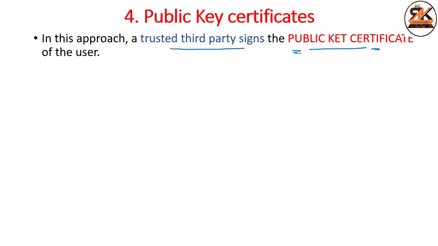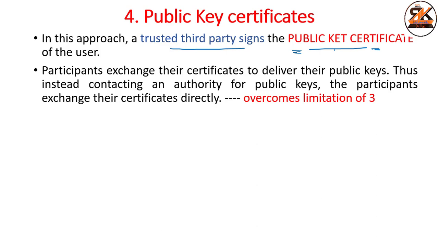And what are these certificates? These certificates contain the public key of the user, the identifiers of the user, and the signature of the trusted third party. And this trusted third party can be a government agency or a financial institution that is trusted by the users. Right? So the participants exchange their certificates to deliver their public keys, and it overcomes the limitations of approach number 3.